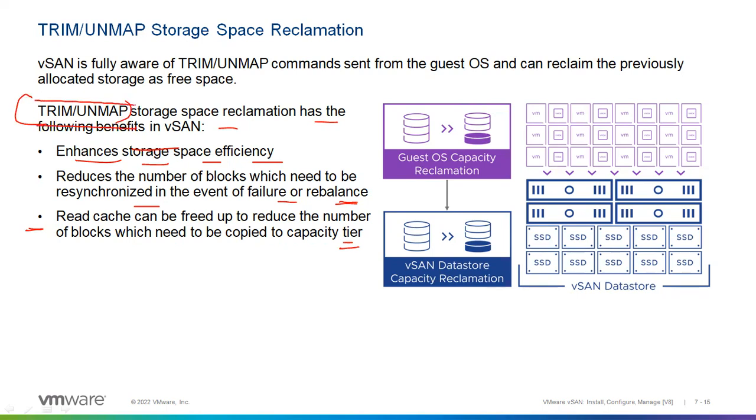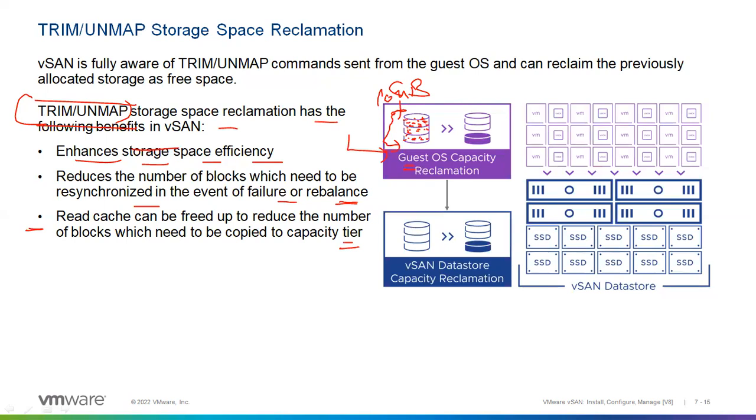Okay. So this trim or unmap command is used where we are using a guest operating system. At the guest operating system level we can run it. So what it will do, for an example, simple: a guest operating system earlier was using 10 GB, and for the time being it is using the entire 10 GB.